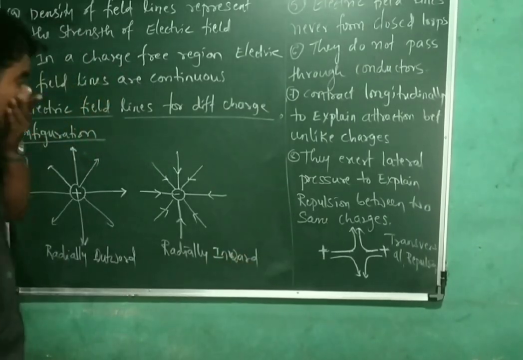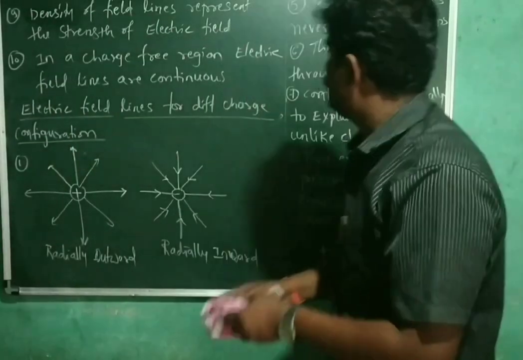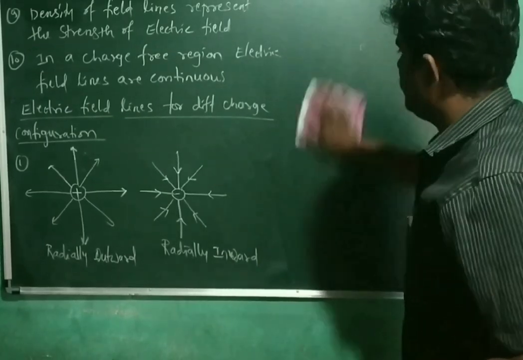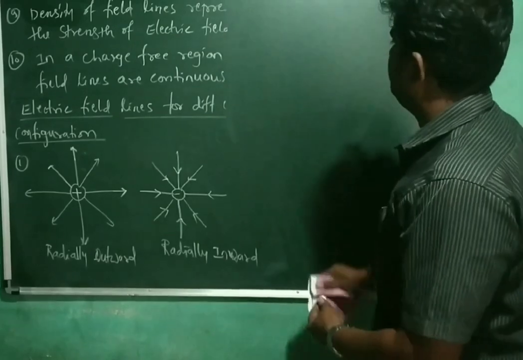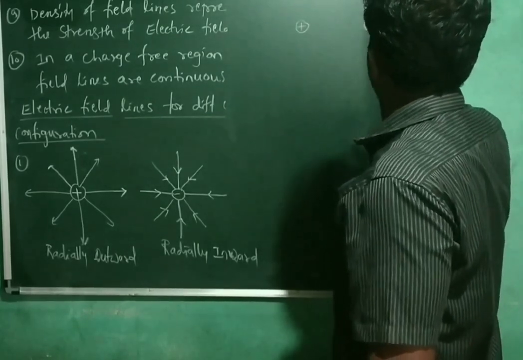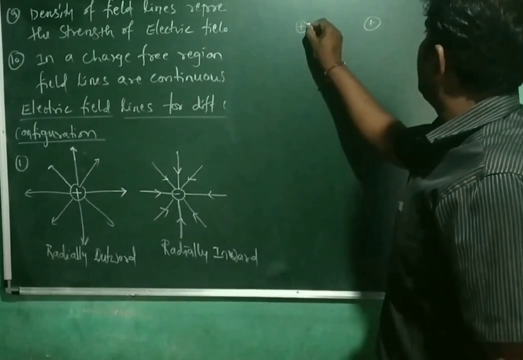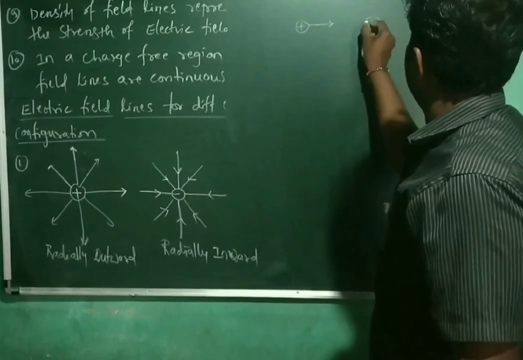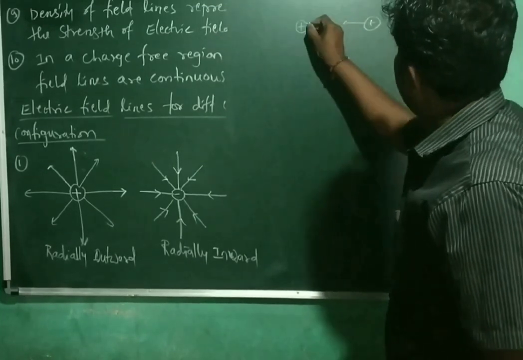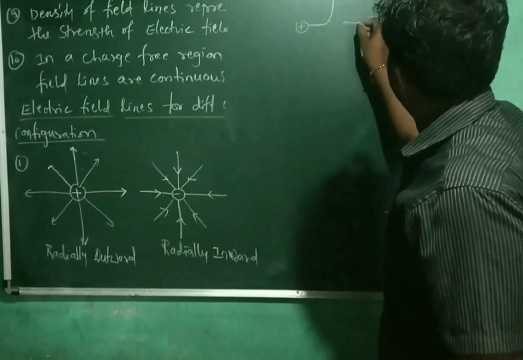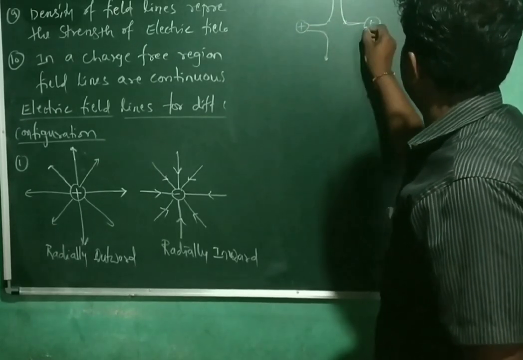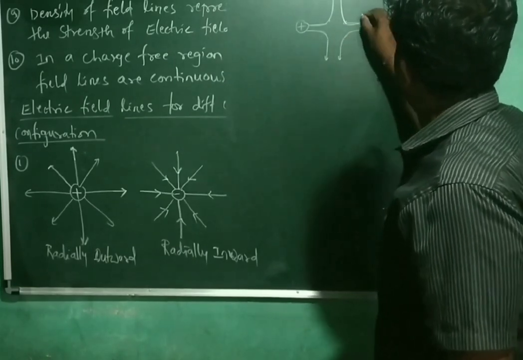Consider two positive charges, two similar charges. Positive and positive. So electric field lines will come radially outward, but they cannot meet. They will move this way due to repulsion, like this.